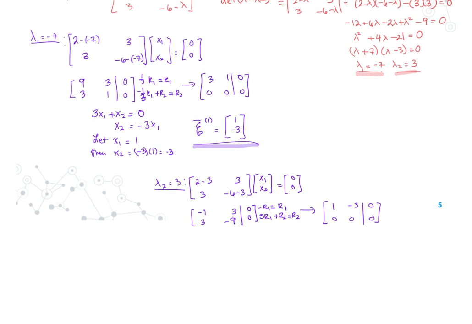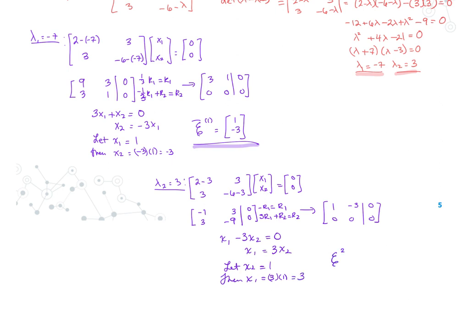In this case, then we know that x1 minus 3x2 equals 0. So x1 equals 3x2. So if I let x2 equal 1, then x1 would equal 3 times 1, which is 3.